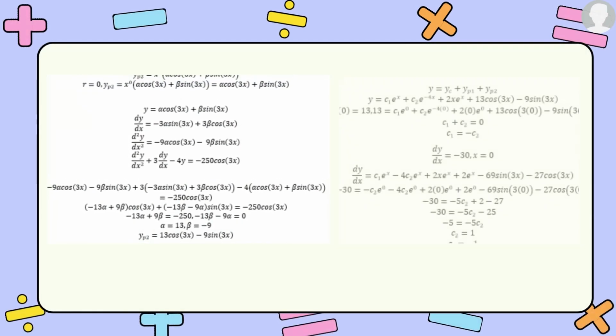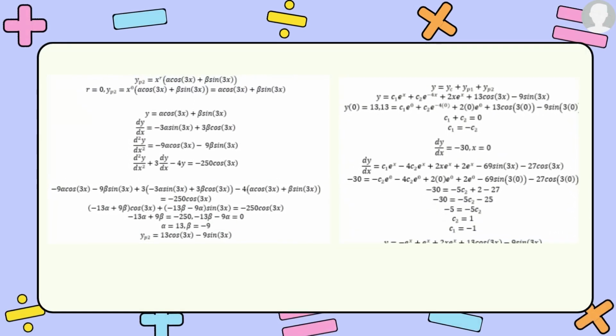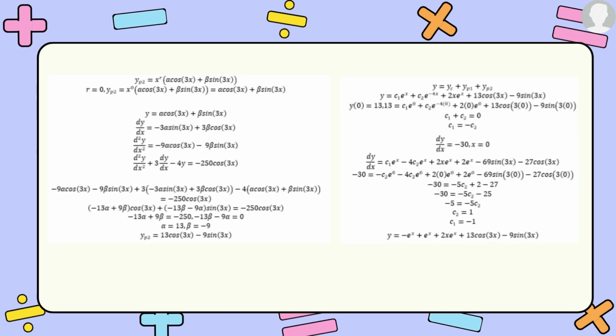Next, we will find yp2. yp2 is equal to x^r (alpha cos 3x + beta sin 3x). It is similar to how we found yp1.